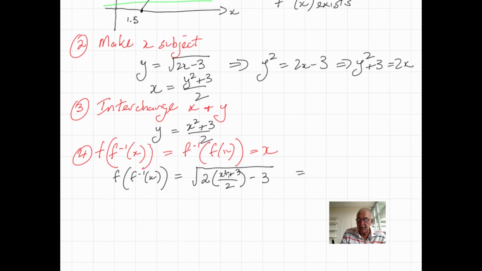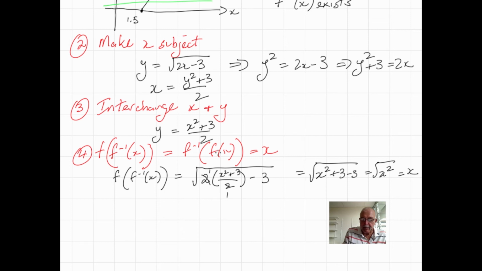We've got a 2 times that, so the 2's will cancel. So we've got the square root of x squared plus 3 minus 3. So that's the square root of x squared, and that's equal to x. Don't forget, the square root of x squared is not plus or minus x, because there's no sign there, so we assume it's positive. So we've got x there.